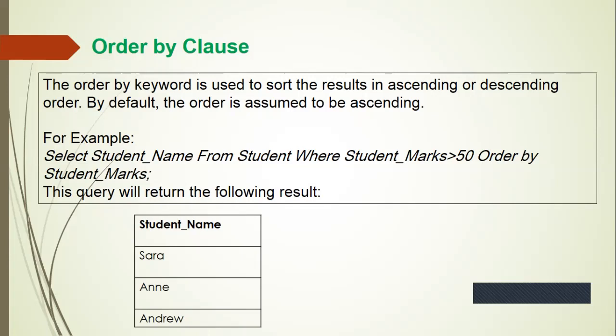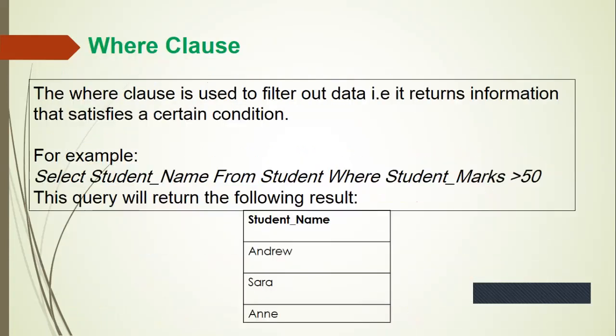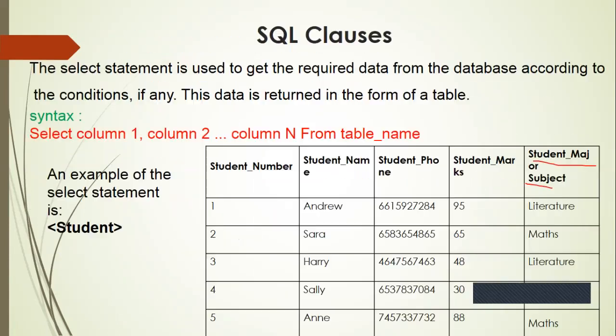The query says it wants to display the names of all the students whose marks are greater than 50. So it will display Andrew, Sarah and Annie.